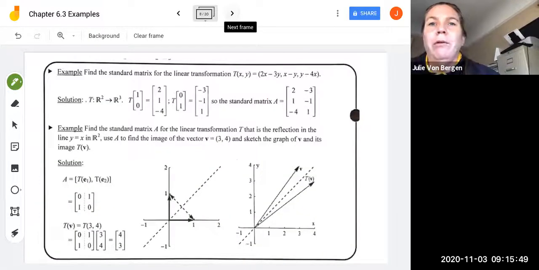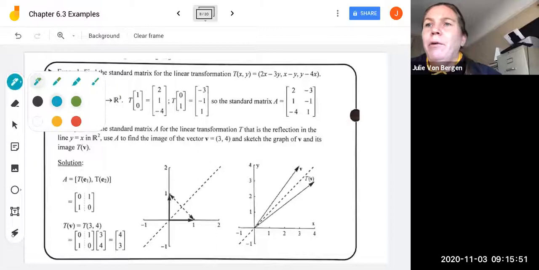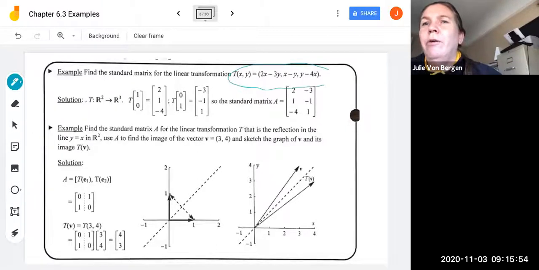And let's look at another example. In this example, our linear function is now mapping R2 to R3. So T of x, y is going to be 2x minus 3y in the first entry, x minus y in the second entry, and y minus 4x in the third entry. Then as matrix representation, T of E1, because E1 in R2 is going to be 1, 0, is going to be 2, 1, negative 4 written as a column vector.